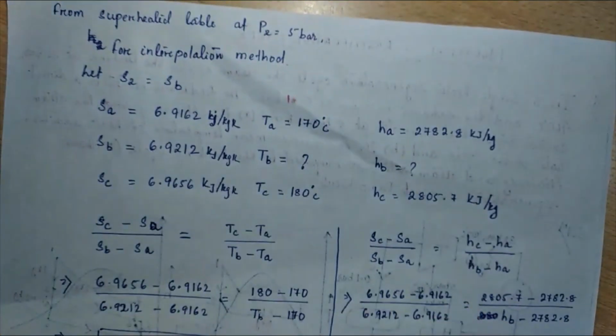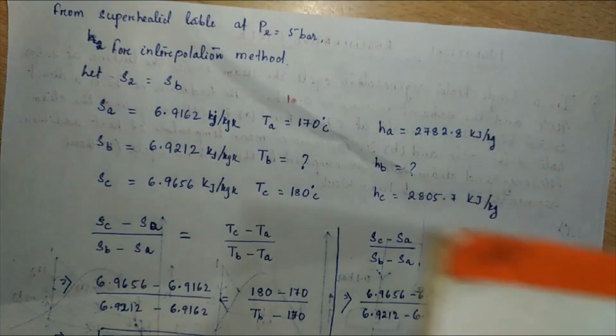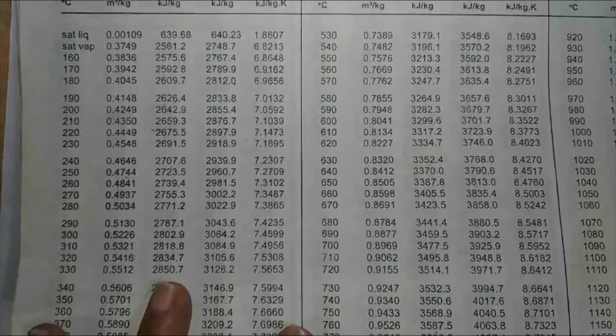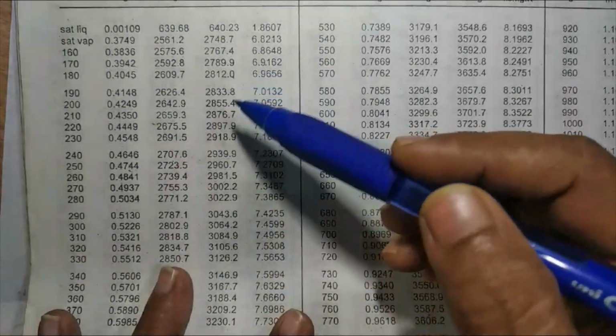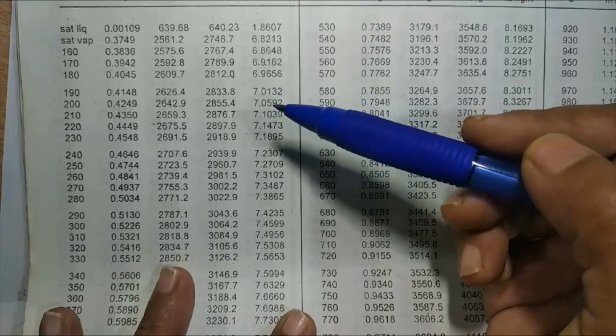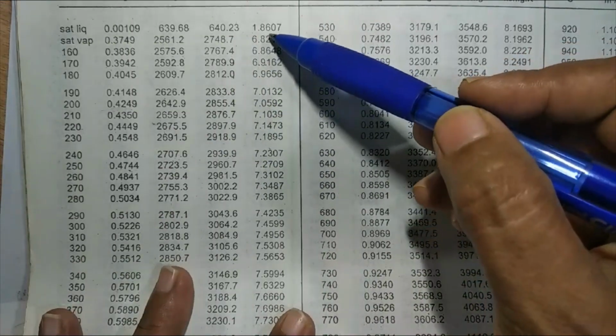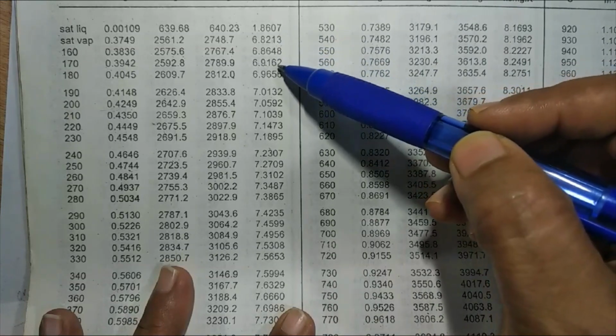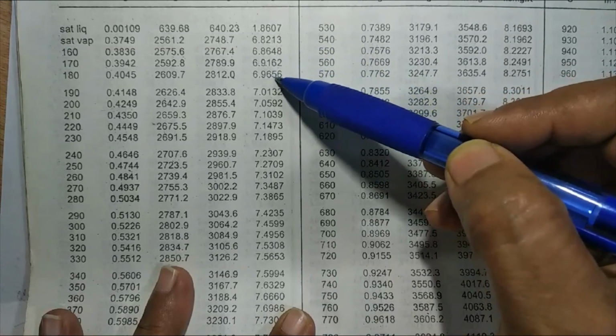So see, now I am going to find out where this 6.9212 entropy is given. So here I check this value 6.9212 or approximately the nearest value. Here I can see this is 6.8213, this is 6.8648, 6.9162, 6.9656.